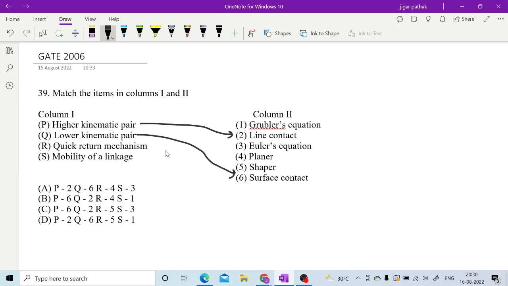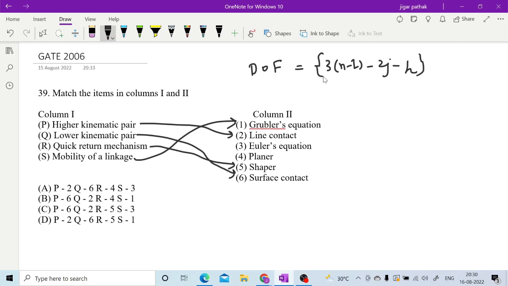For a quick return mechanism it must be your this shaper, right, as you have seen, and mobility of linkage is related to this Grubler's equation, right? So Grubler's equation is also related to this degree of freedom equation, because as we have written this 3n minus 1 minus 2j minus h minus this redundant motion, right?